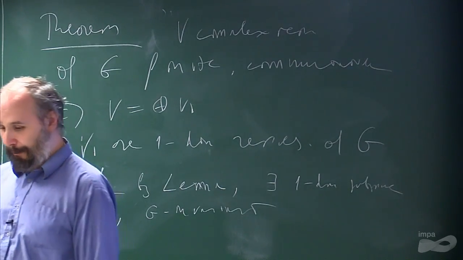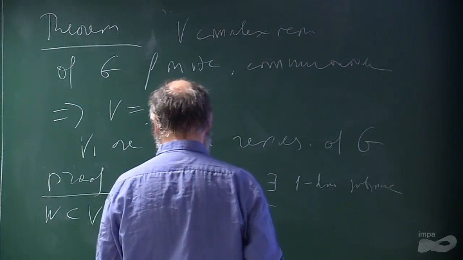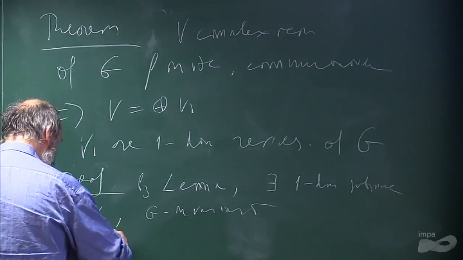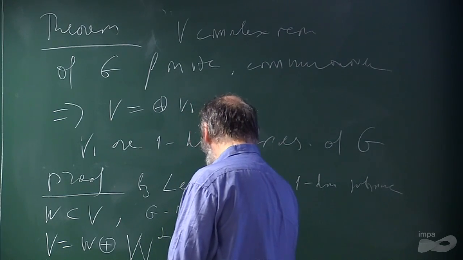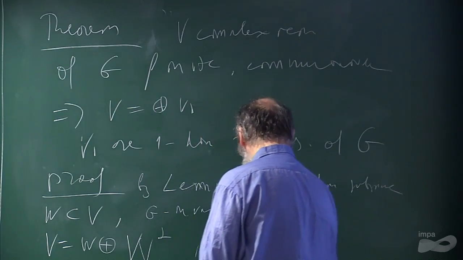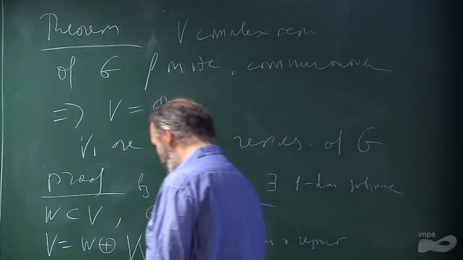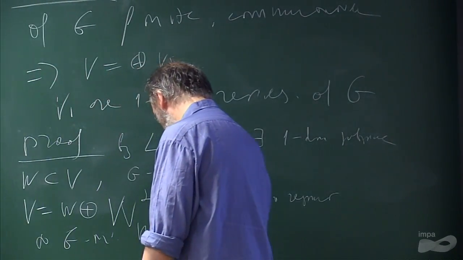Every time we work with representations of finite groups, we introduce a Hermitian form which is invariant under the group. For that, we take any Hermitian form and average it with respect to the group. Then V is W plus W orthogonal, where orthogonal is taken with respect to the G-invariant Hermitian form.